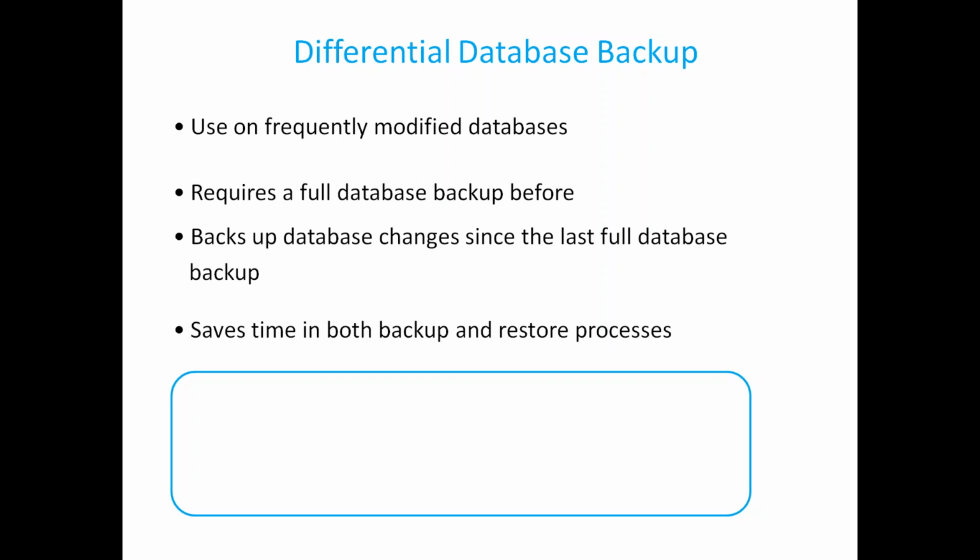So to avoid this case, what we do is we take full backup once in a week, maybe on Saturday, where you don't have any load on the servers. So on weekend, once in a week, we take a full backup, and then after, probably for every day, you go for a differential backup.